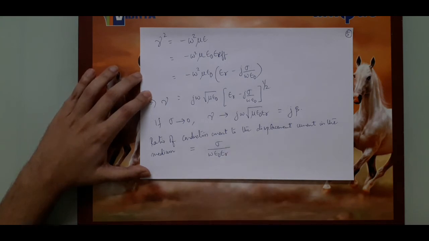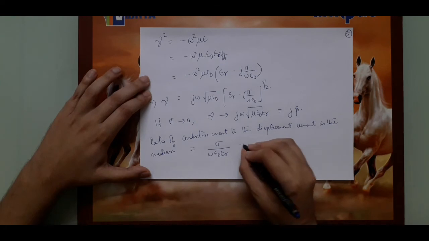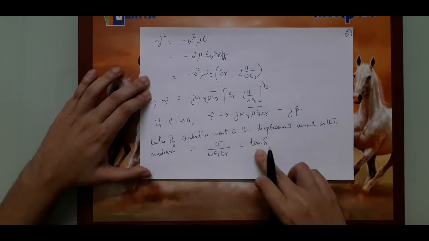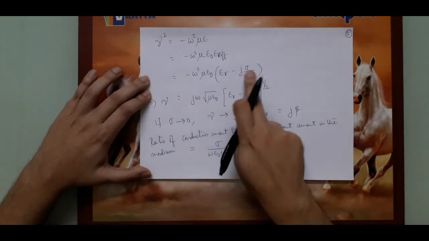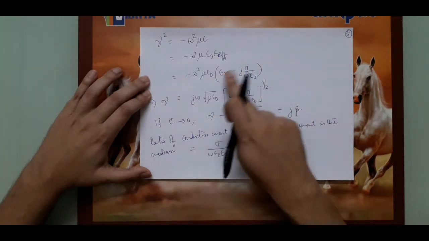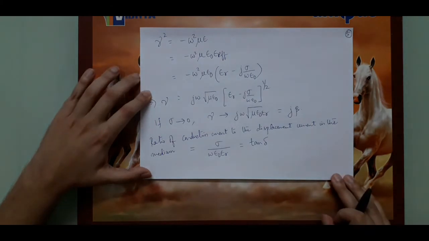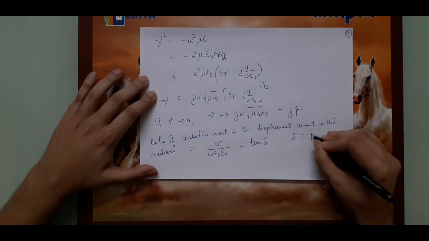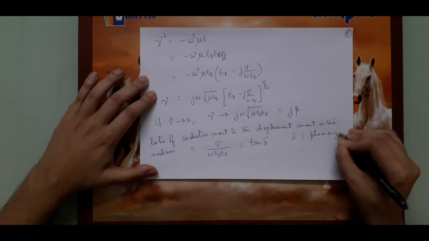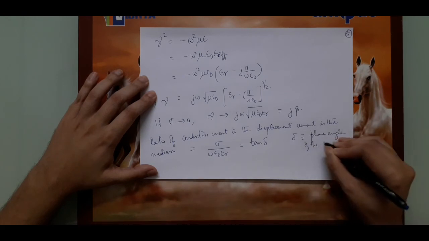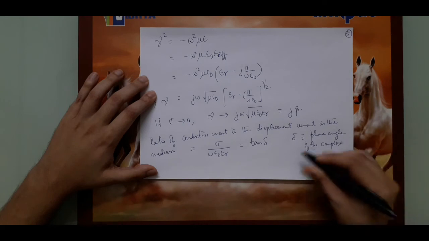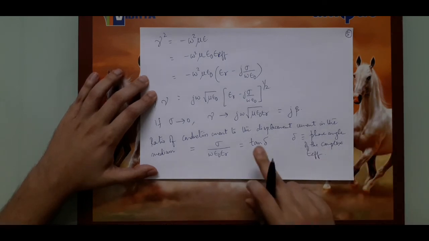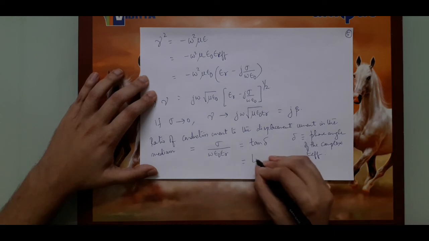Now this quantity has a very special name. This is called tan delta. Why tan delta? Because this delta denotes the phase angle of the complex effective permittivity of the medium. So delta is the phase angle of the complex epsilon effective, and this quantity is called the loss tangent.